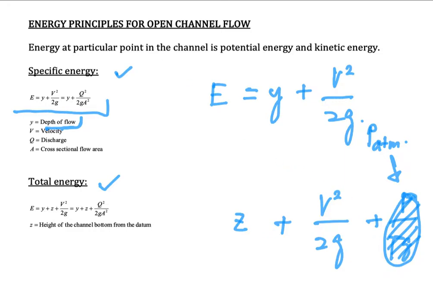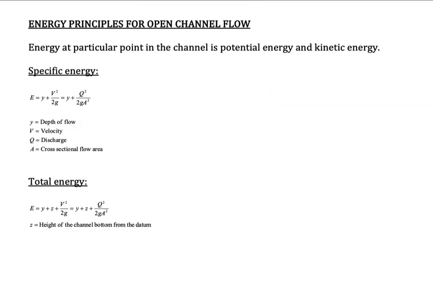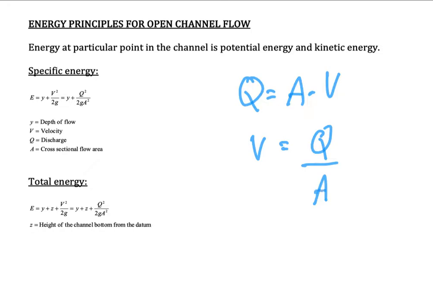Normally in open channel flow, we do not keep the term of velocity V. We always change it into flow rate. We know that Q is equal to A times V, so V is equal to Q over A. Because we have V squared, it becomes Q squared over A squared.